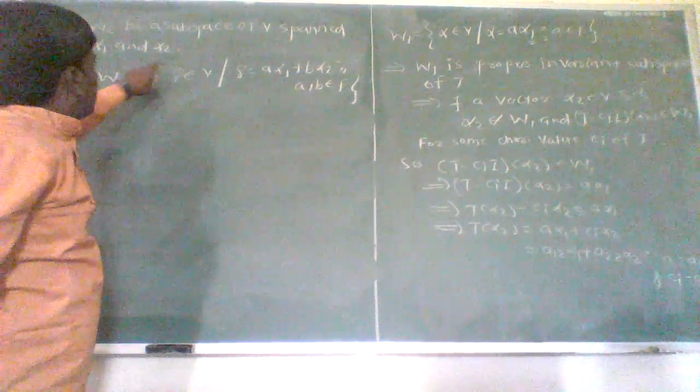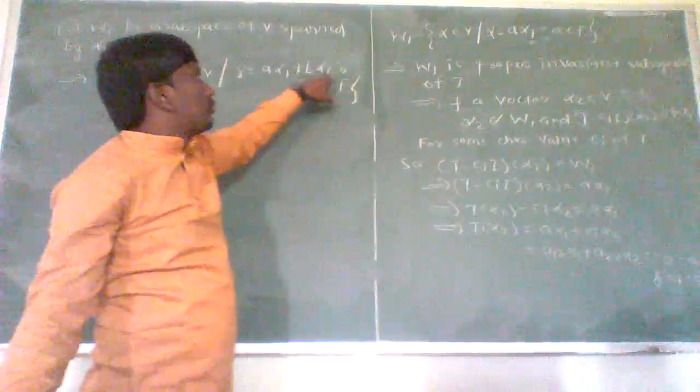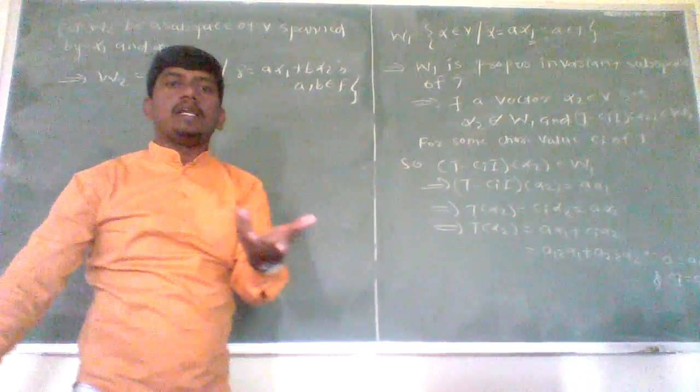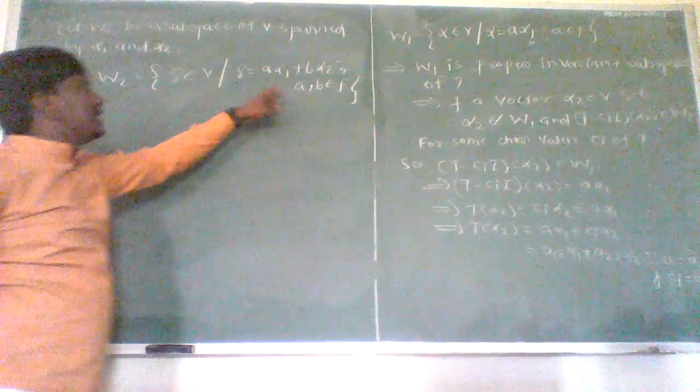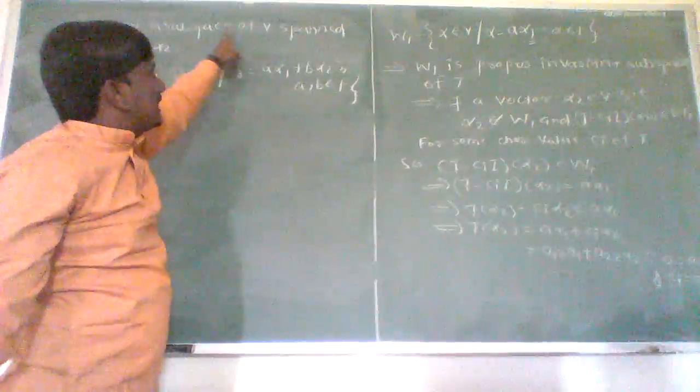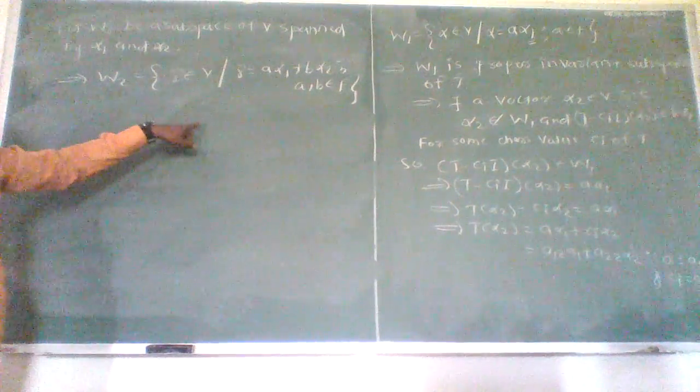Now W2 is a subspace which is spanned by only two vectors, and here we don't know whether these alpha 1 and alpha 2 are linearly independent or not. If they are linearly independent, then its dimension is 2, otherwise it is less than or equal to 2. But dimension of V is n, so 2 is not equal to n.